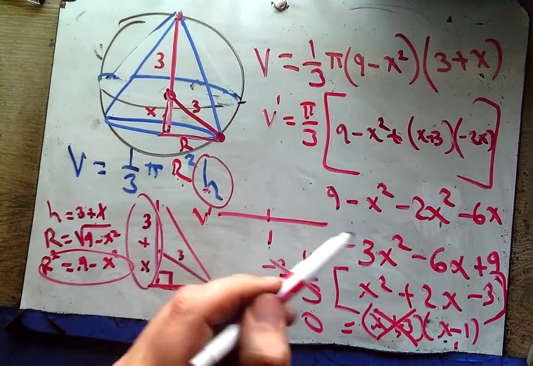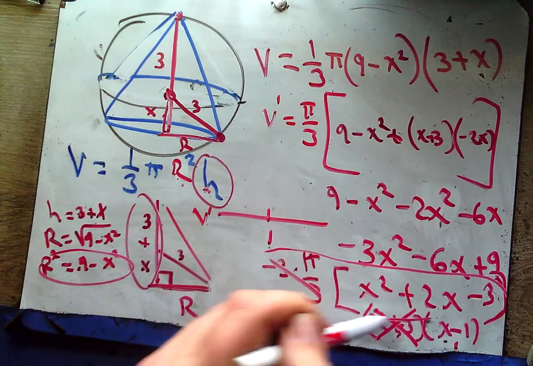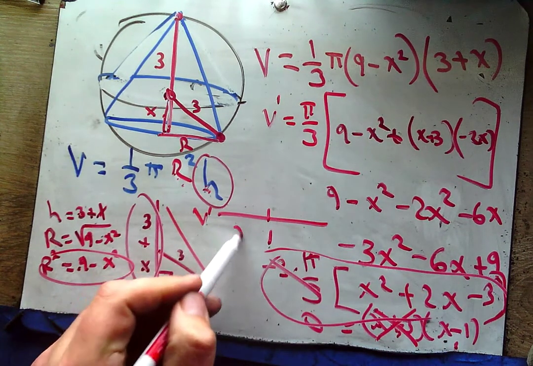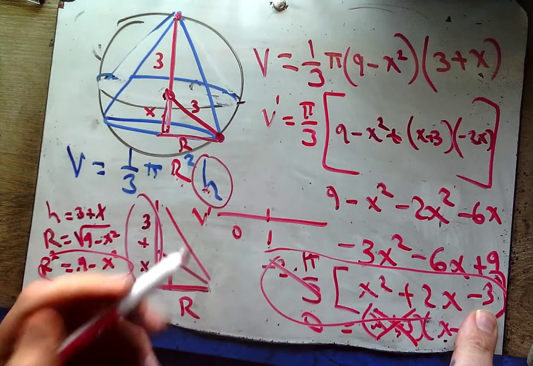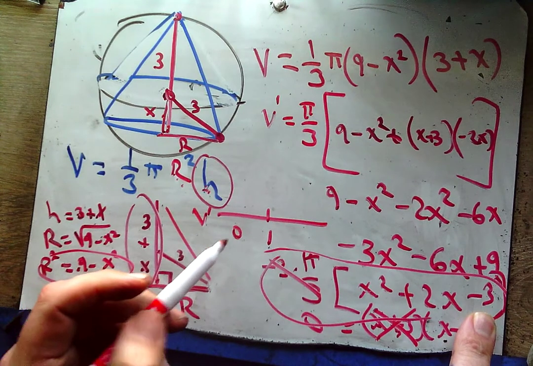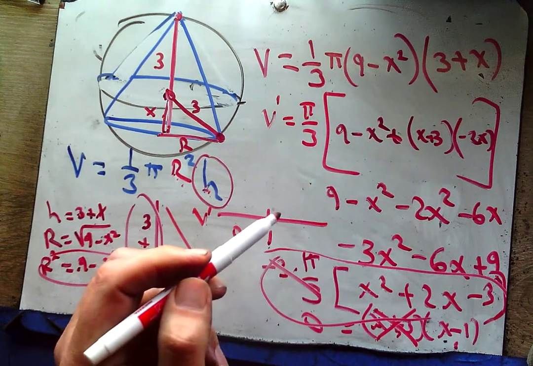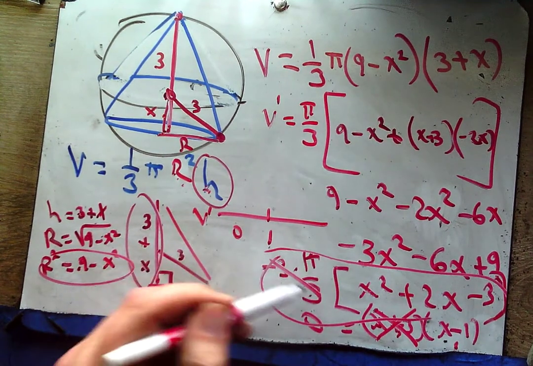So here's V prime. Let's plug in a 0. So when I plug in a 0, I get a negative times a positive, which is, I pull out a minus 3. I still have minus 5.